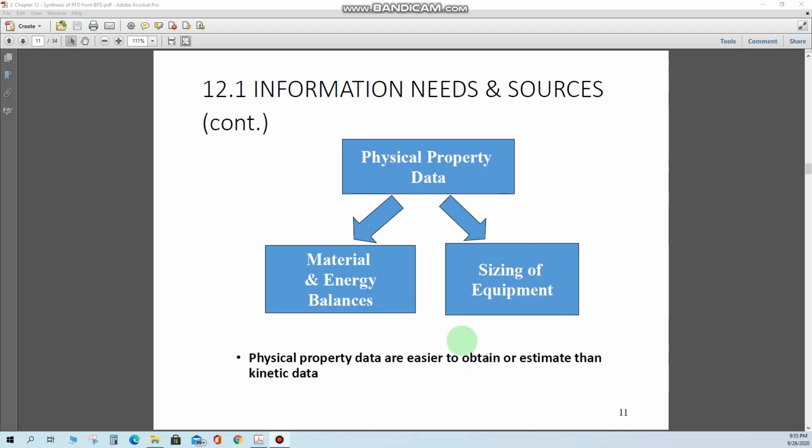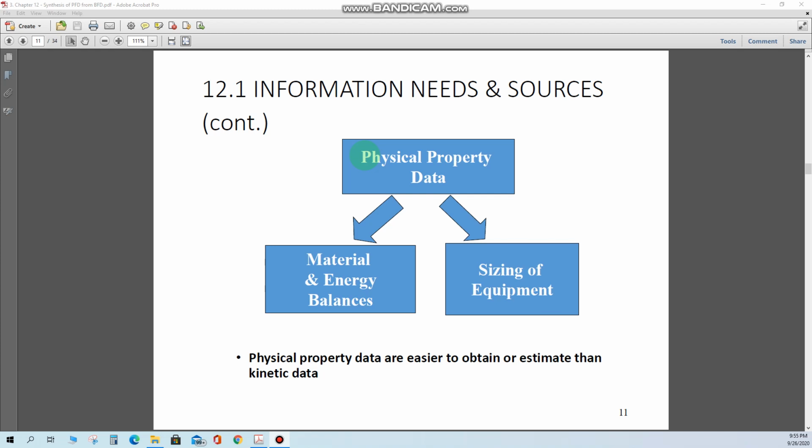Now, information needs and sources, physical property data. Now, when you are making any process and you are trying to design any reactor, then you have to consider the physical property data. Now, what comes under the physical property data? That you are either dealing with the gases or the liquids, what are the boiling points of those liquids and the gases, what is an operating pressure, and what is basically the structure of the chemicals that can interact with one another.